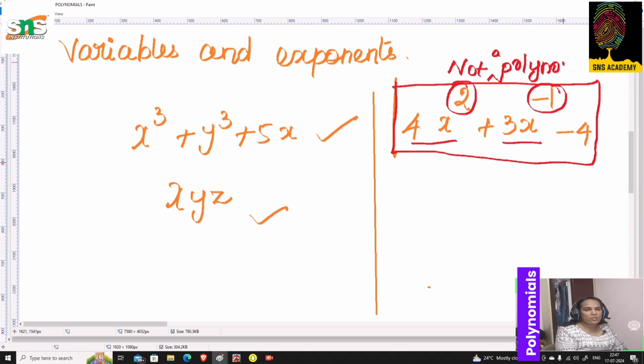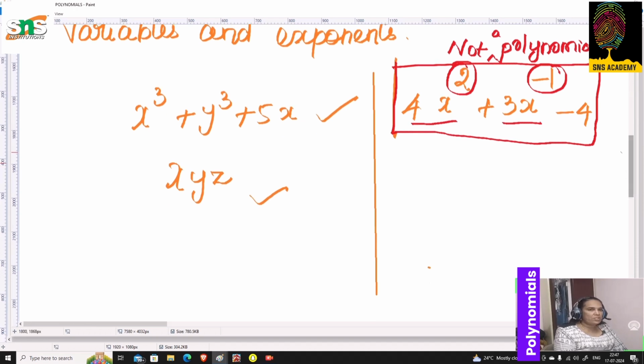So what is the first condition we are saying? The power of the variable should always be a positive number. There should not be a negative number, there should not be a decimal or a fraction, and we always expect a positive integer. Suppose for example 3x to the power 3 by 2, 2x minus 3.